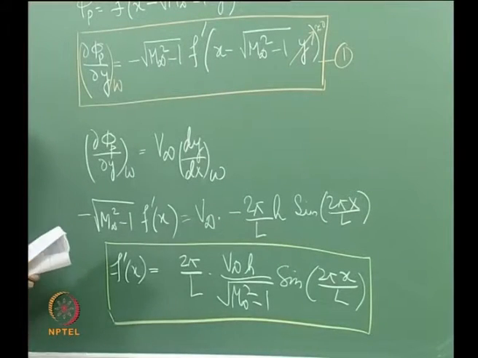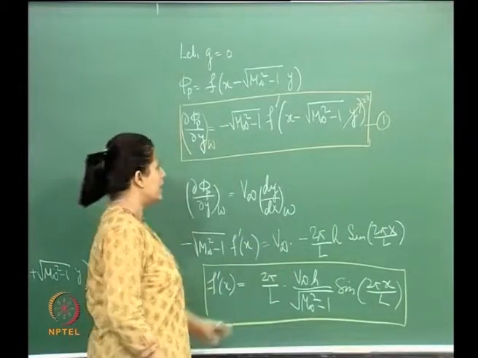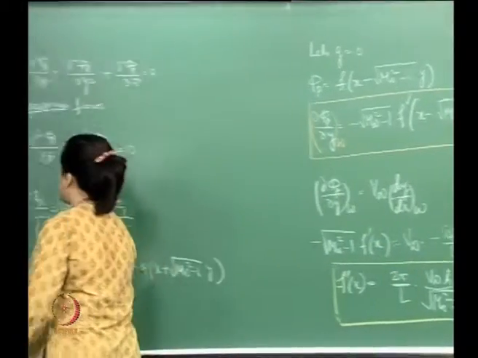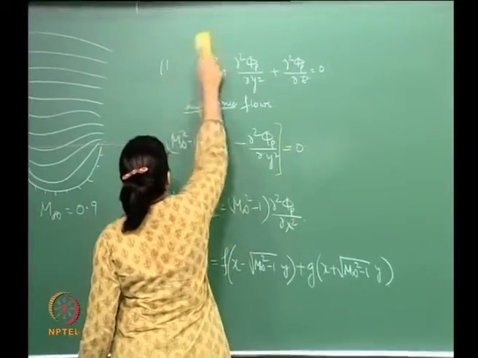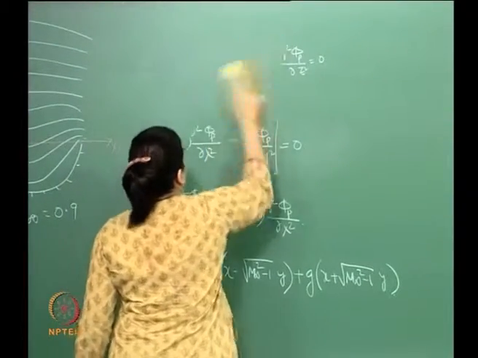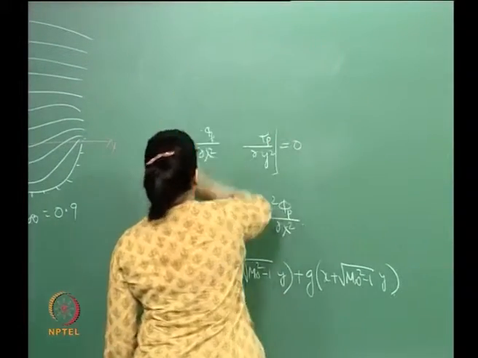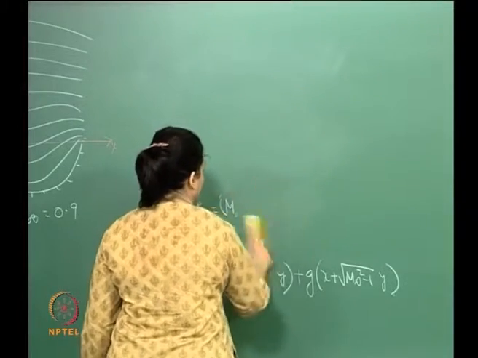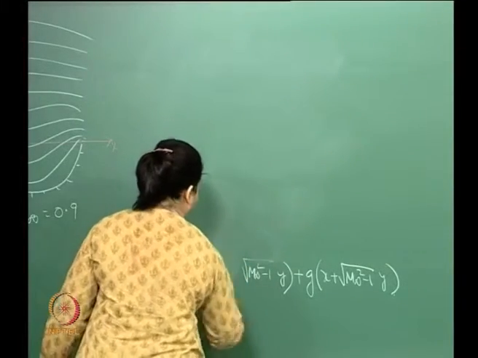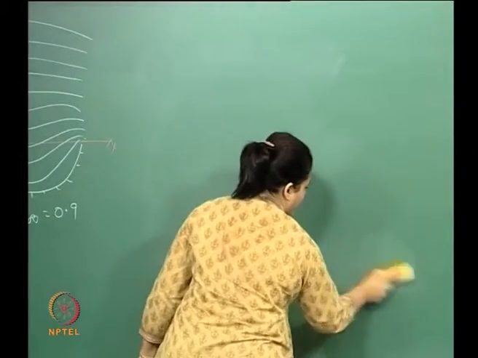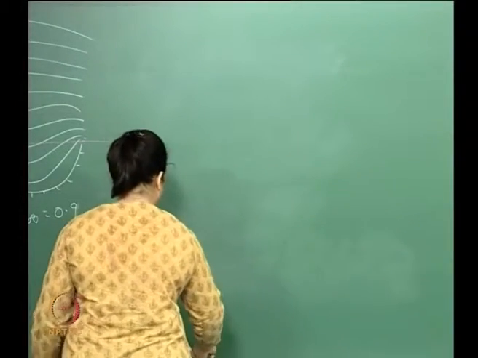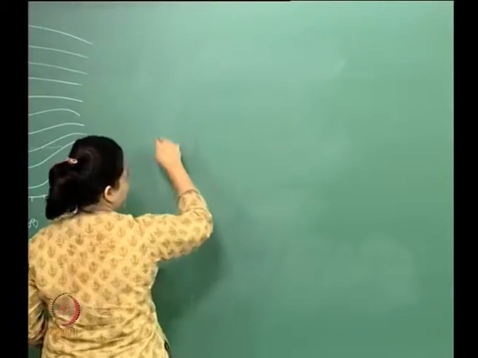Now let's say we will integrate this. Let us see what we get. So f dash x is this.